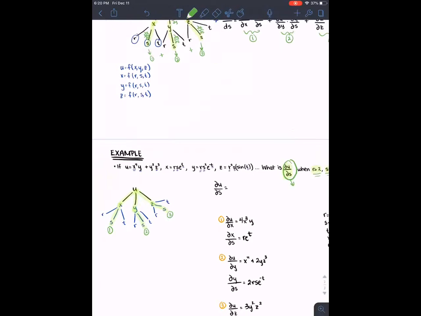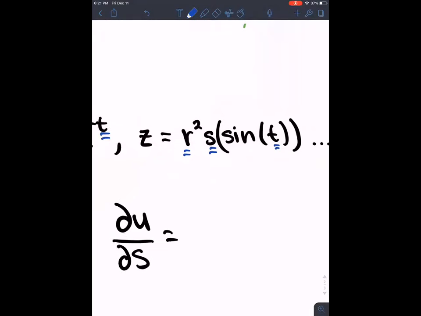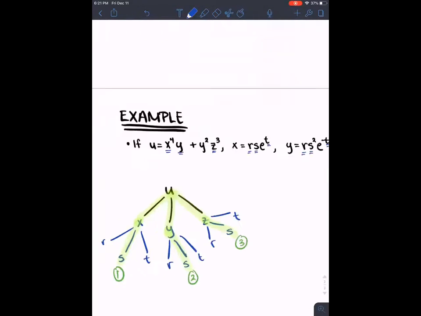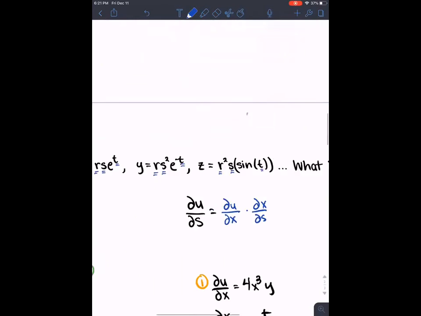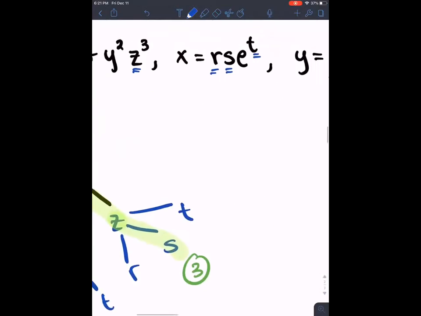We can write this out as partial with respect to x times the partial of x with respect to s. And if you fill in the tree on your own, you'll be able to see that that is leg 1. You want to add that to leg 2. Notice that that is leg 2.